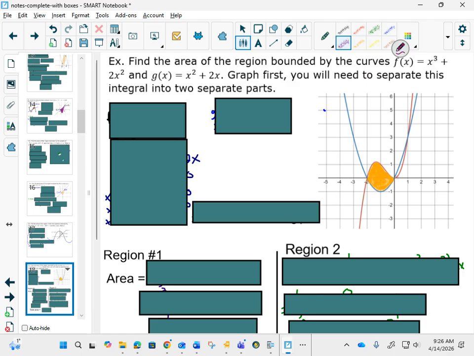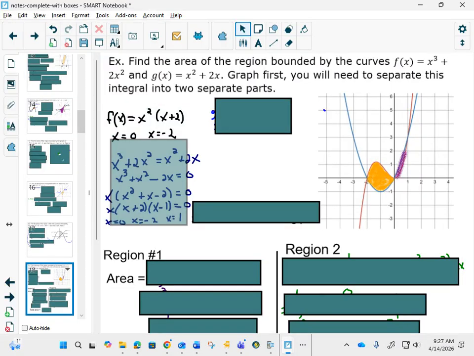And then we also have this, ooh, crayon was kind of thick there. That purple section. And in the orange section, the red graph was above the blue graph. And in the purple section, the blue graph is above the red graph. And we find our intersection points here.